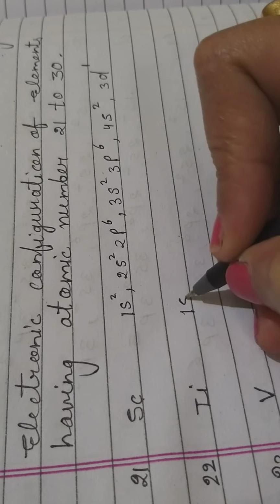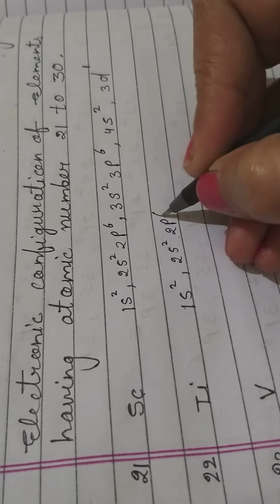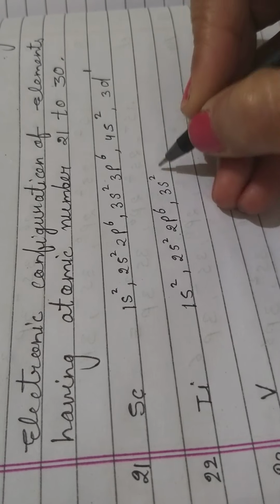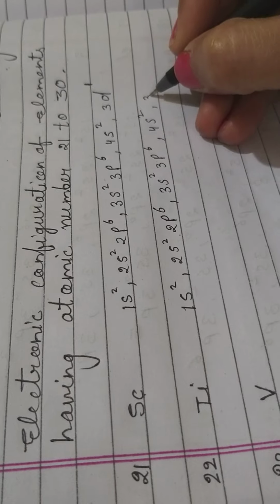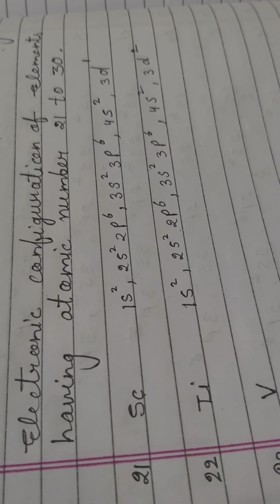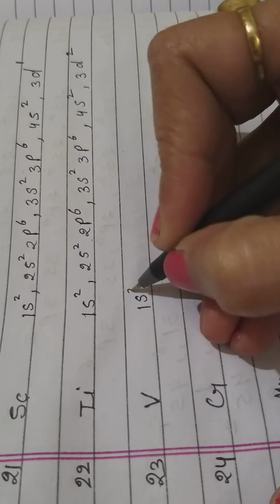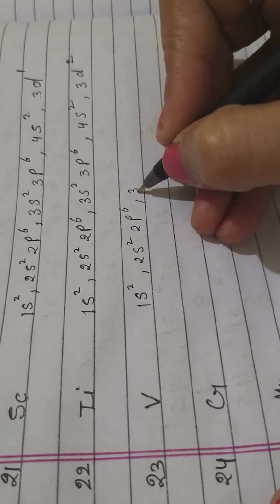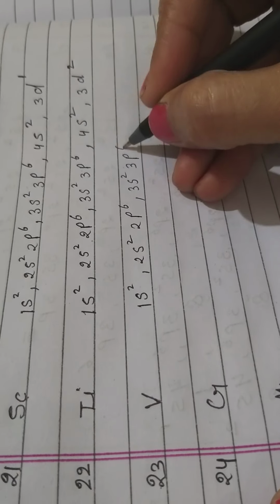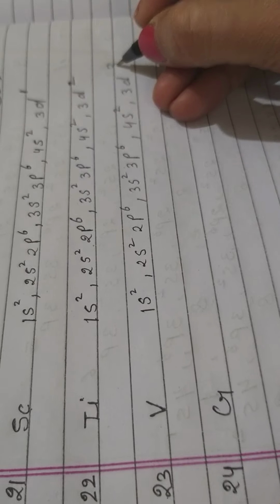For titanium, 1s2, 2s2, 2p6, 3s2, 3p6, 4s2 and 3d2. For vanadium, 1s2, 2s2, 2p6, 3s2, 3p6, 4s2 and 3d3.